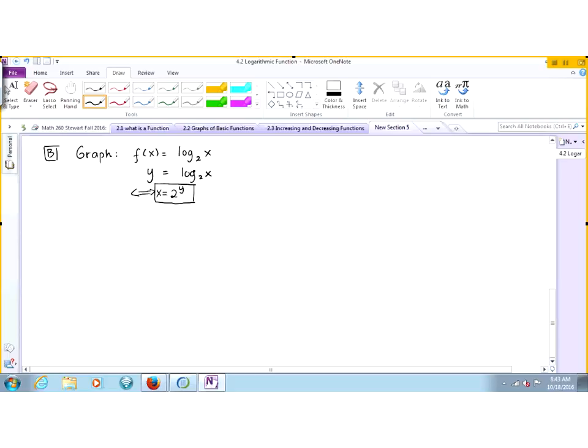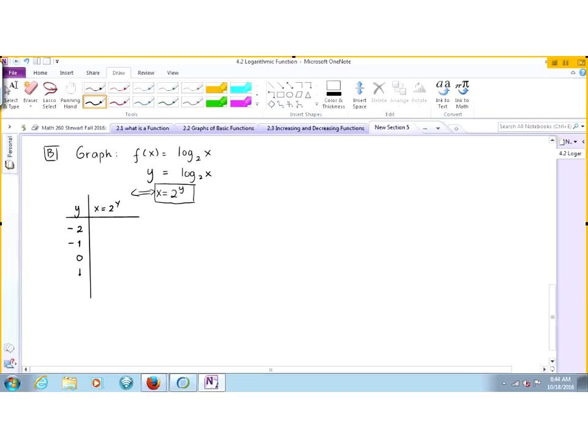All right. So now look at this. Am I choosing x or am I choosing y? You choose y and you calculate the x. All right, so let's do that. So y and then x is 2 to the y. What y should I choose? Can I choose negative?